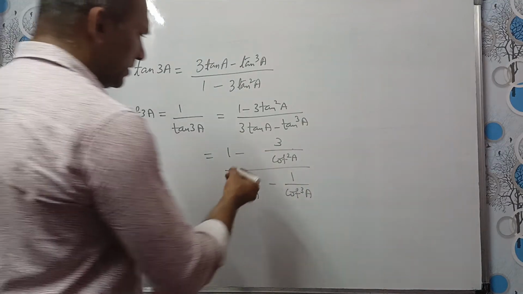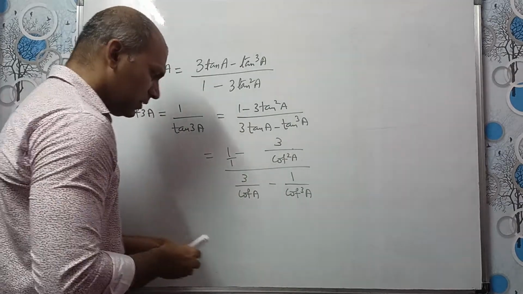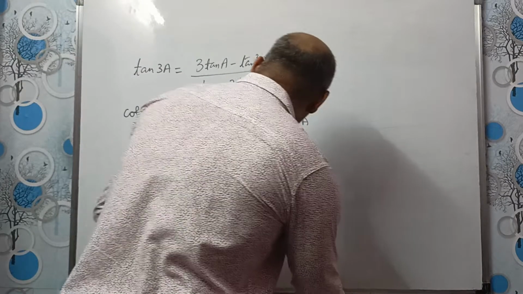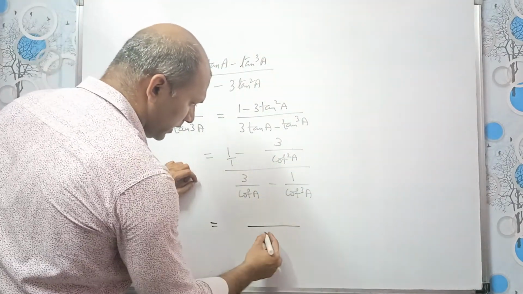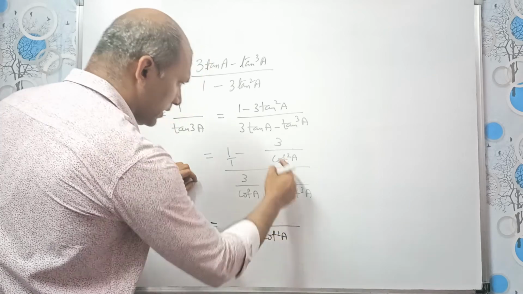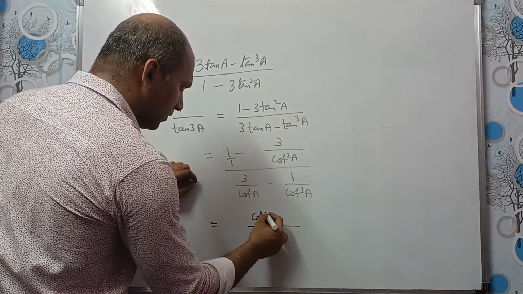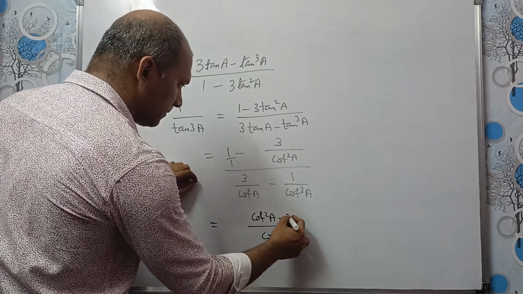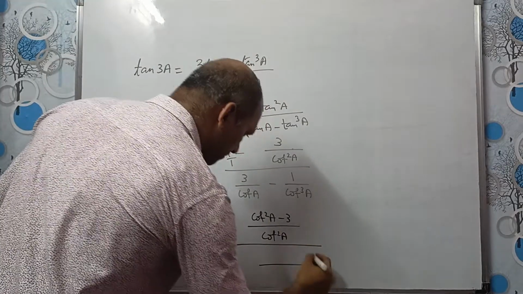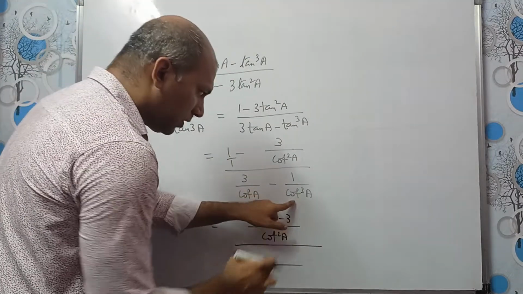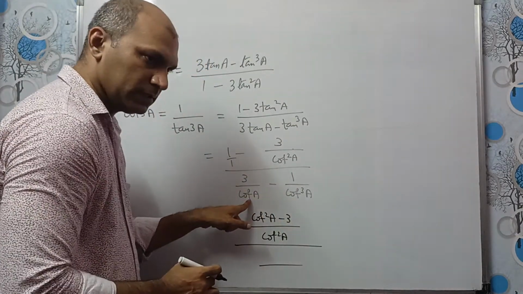Okay, now normal simplification. This is 1 by 1. So what do we have now? 1 into cot square A is cot square A, and if you cross multiply we'll have cot square A minus 3, right, whole divided by cot square A. See, we have cot cube A here, we have cot A here.